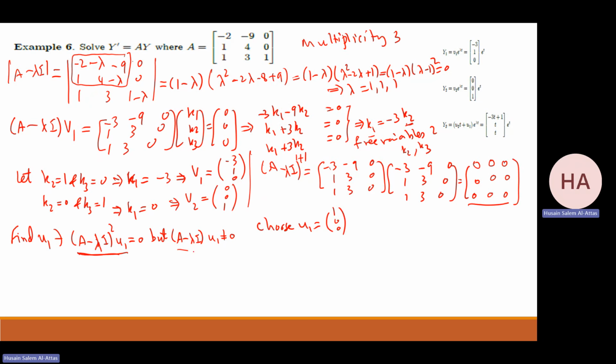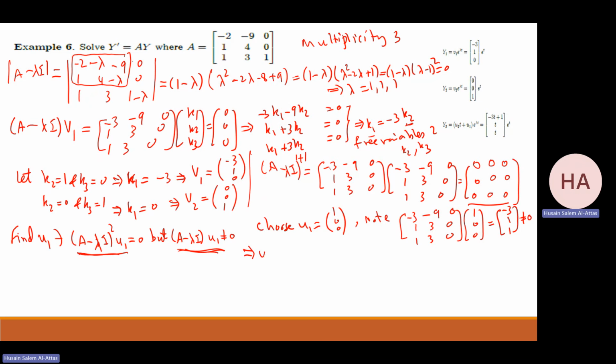But the most important thing, I need to check this. A minus lambda I is minus 3, minus 9, 0, 1, 3, 0, 1, 3, 0 times U1. What you will get is minus 3, 1, 1, not equal to 0. So I can choose U1 as this.